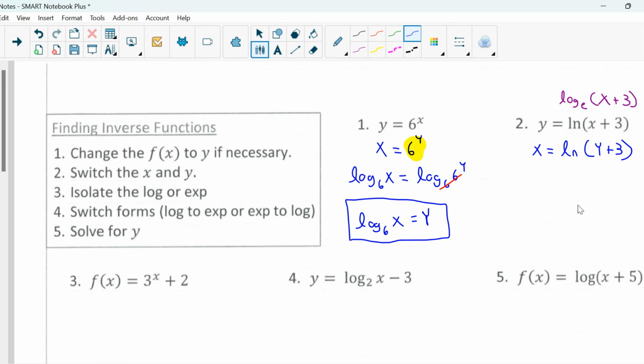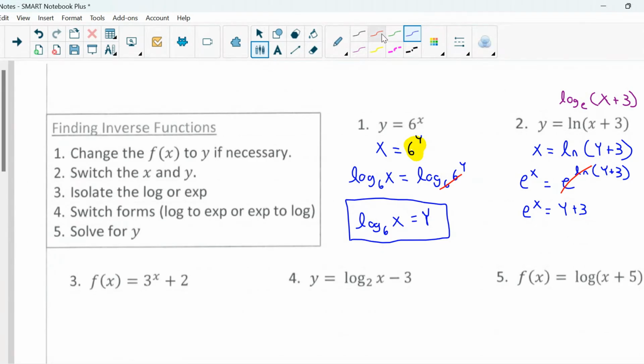Now I'm going to take everything to the exponent of e. So I've got e to the x equals e to the natural log of y plus 3 power. Okay, once I do this, since my natural log has a base of e, these are going to cancel out, leaving me with e to the x equals y plus 3.